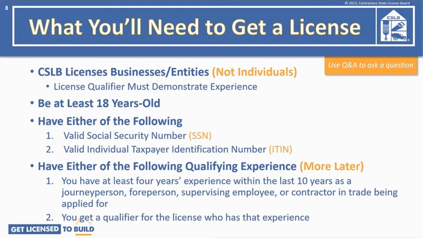First, you can qualify the license by having at least 4 years of experience within the last 10 years as a journey person, foreperson, supervising employee, or contractor in the trade being applied for. Or you can also get a qualifier for the license who has that required experience. We will spend time talking about how you can demonstrate your experience on your application later in this presentation.